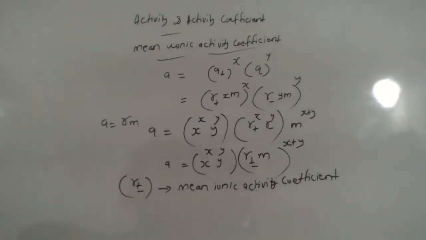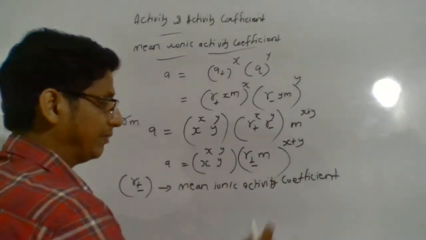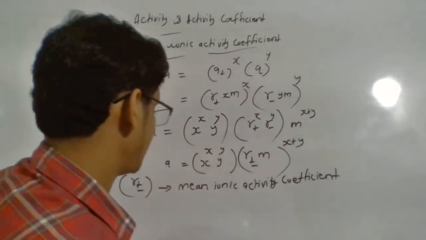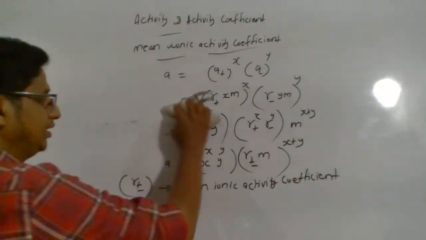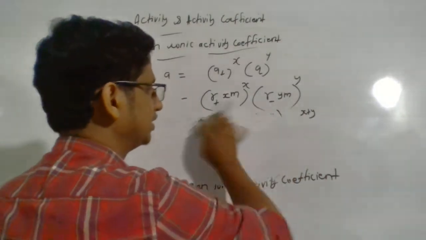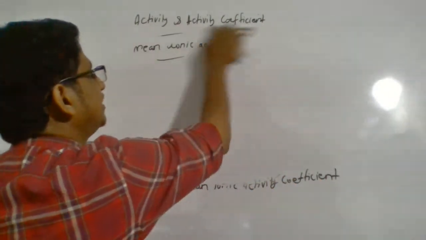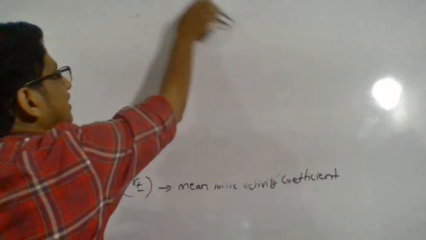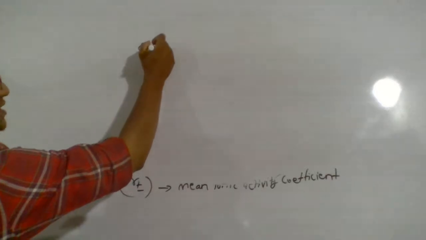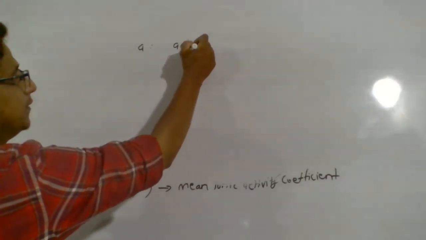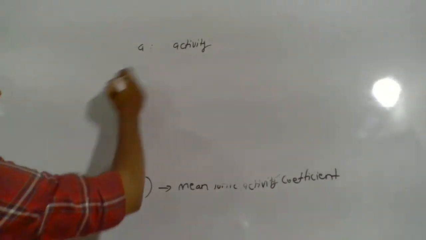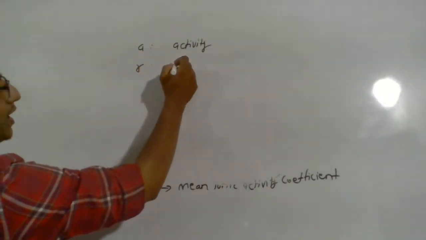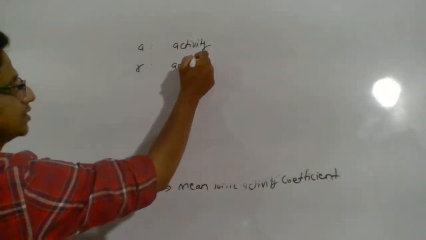So gamma plus or minus we will call the mean ionic activity coefficient. So we learned 4 terms today. Let us write the terms, because each has a very minute difference, right? What is a? a is the activity of a particular component in a solution, and gamma is the activity coefficient.